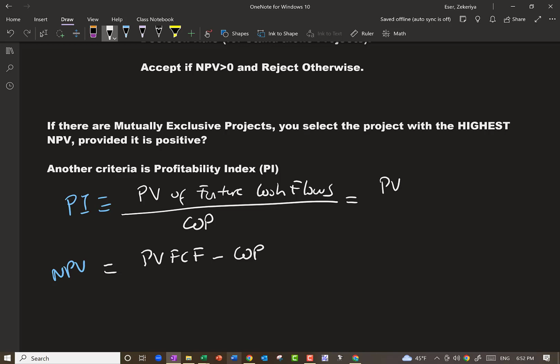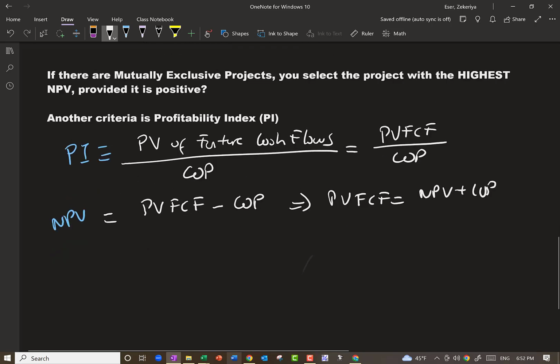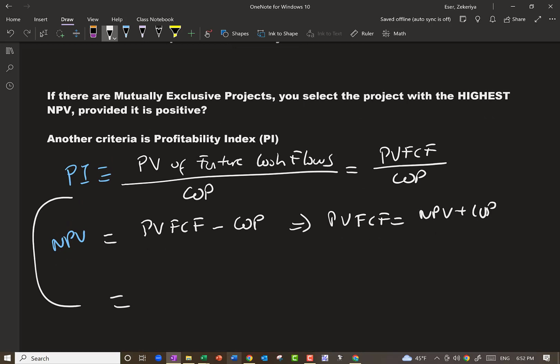So PI is PV FCF, so PV FCF is NPV plus COP, so PI is NPV plus COP divided by COP, which is 1 plus NPV over COP.